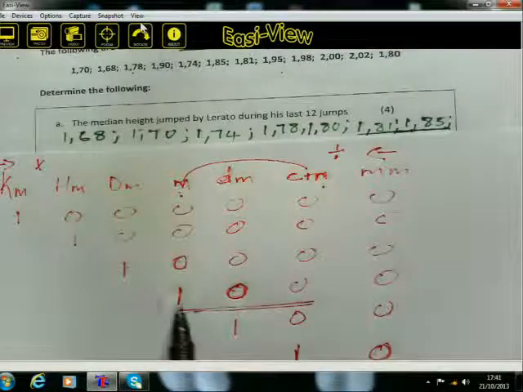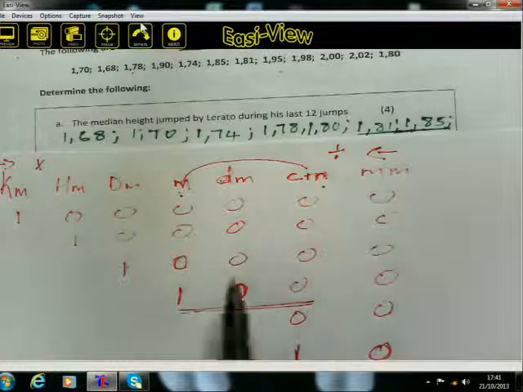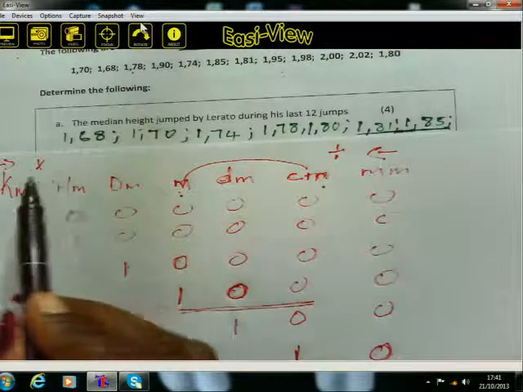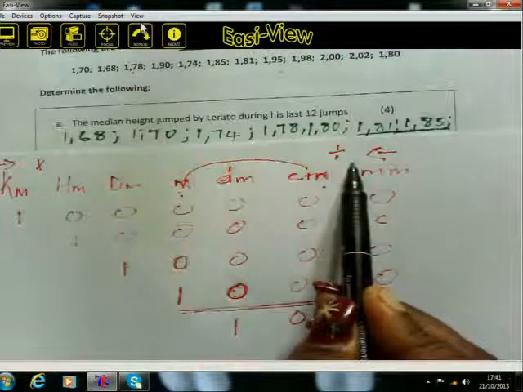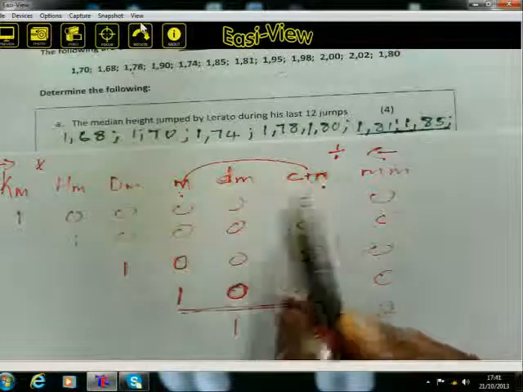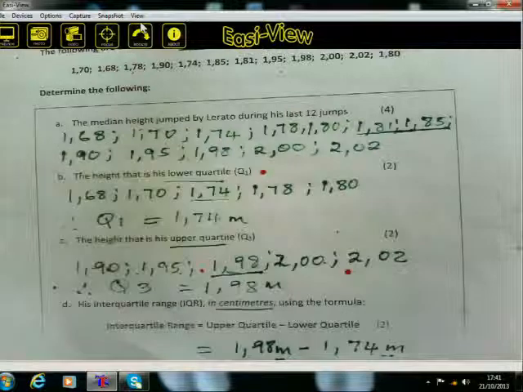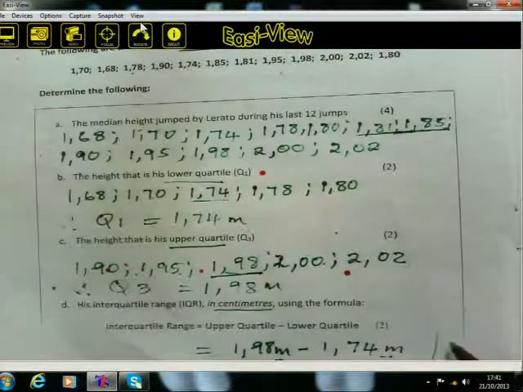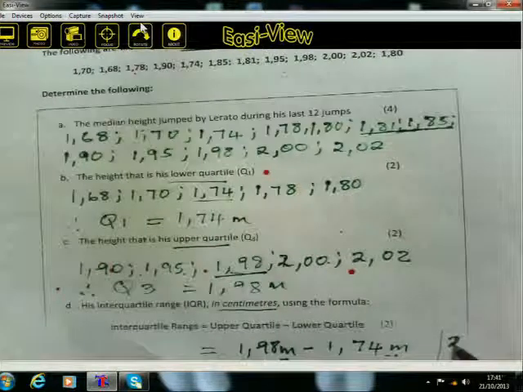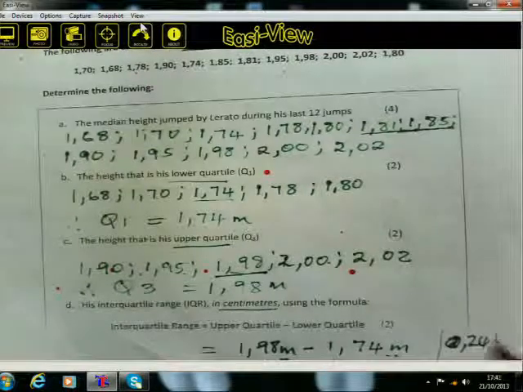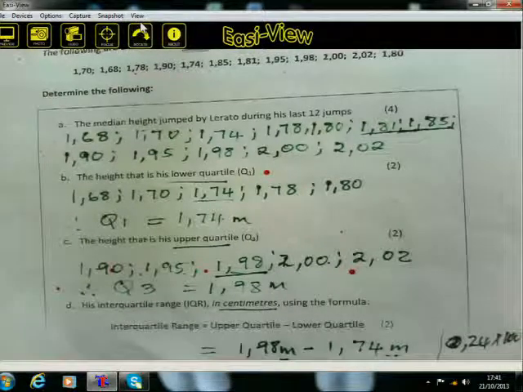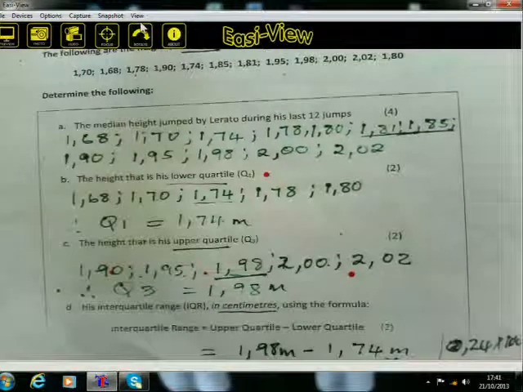You are going to do it by 100, but you have to know whether you multiply or divide. Going from the left to the right, you are going to multiply by 100. So you can just write it here: 0.24 multiplied by 100 is going to give you 24 centimeters.